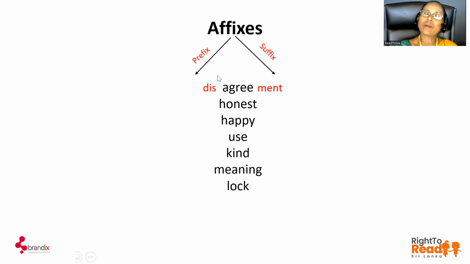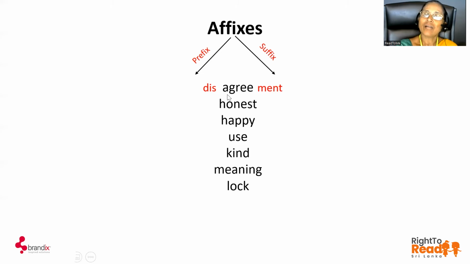Now here we add dis in front of the word. We call this a prefix. For the word agree, we can add dis and form disagree. Then we used another group of letters, MENT, to form another word, agreement.